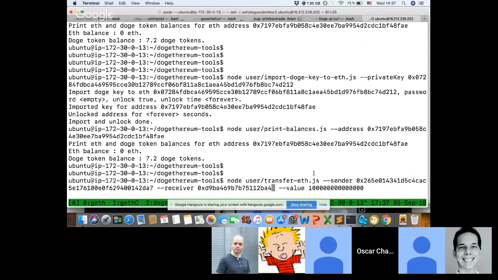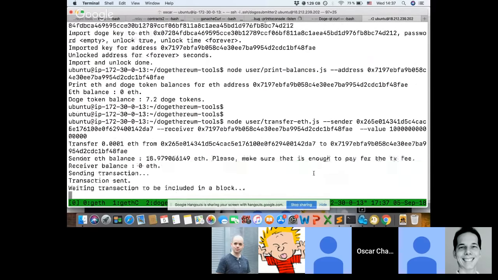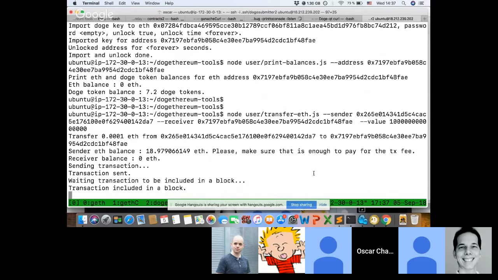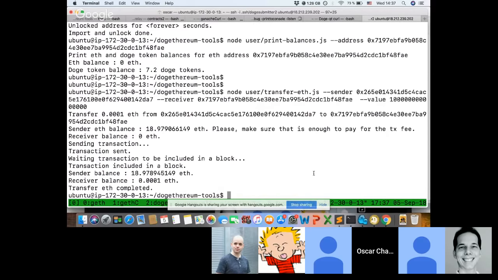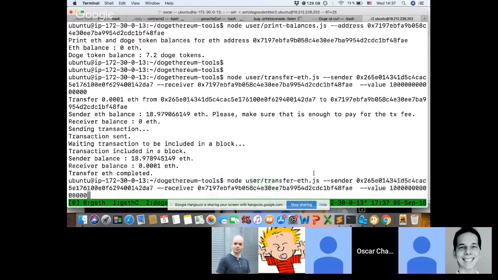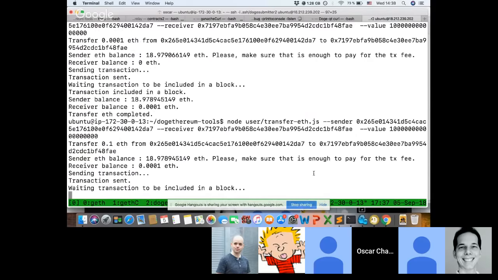I will put the new account as a receiver. Now the transaction is being sent over the Ethereum Rinkeby network. Oh, that was fast. It was mined fast. I think I sent a little less than what I meant. So I will add a couple of zeros here. Okay, this time the transfer of Ether is taking a bit longer.